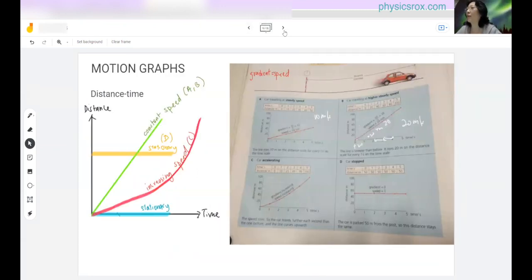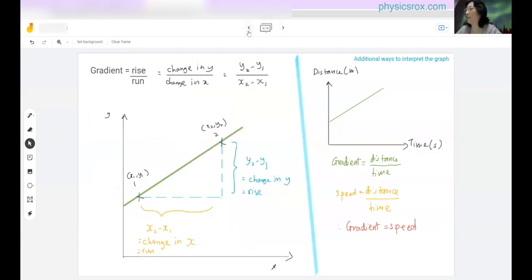We recalled how to calculate gradients, and based on the way we calculate gradients, we compared the formula to speed. We found that it's the same. So that's why the gradient for a distance time graph is the speed.